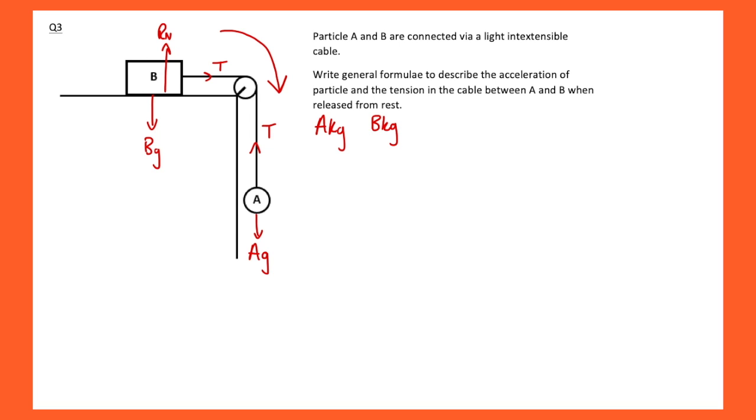So once I've got these in place, I can do what I've normally done. I can write my equation. So I have AG minus T equals, it's going to be a bit confusing this, but hopefully it's okay, A little a. And for particle B, we're going to have T minus 0, and that equals BA. Now what we'd usually do to find the acceleration is combine these two together, add them together.